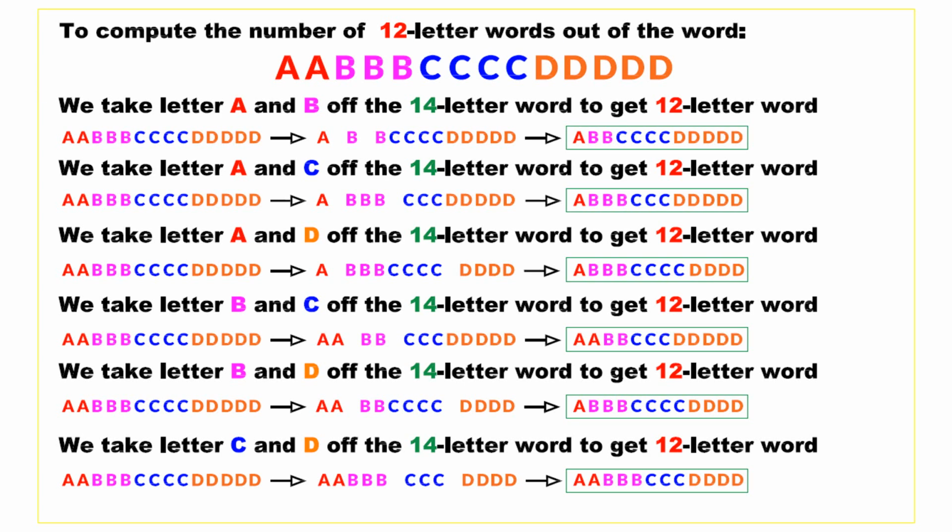Now we isolate these words and bring them back a bit, and we write the corresponding permutation for each word. So here we have a 12-letter word, so 12 factorial, and we have taken one A off and one B off, so 2 minus 1 factorial.